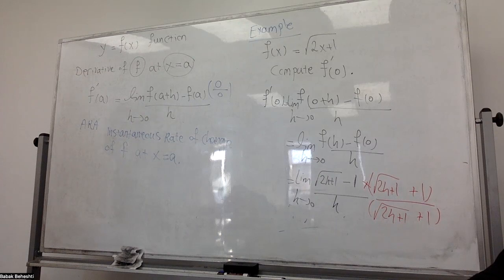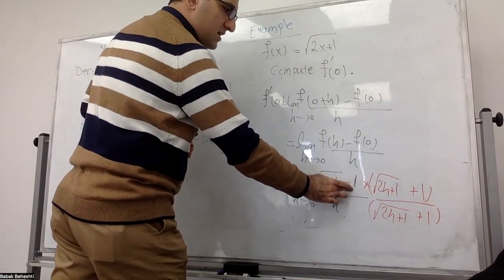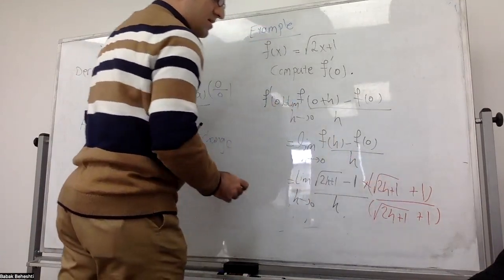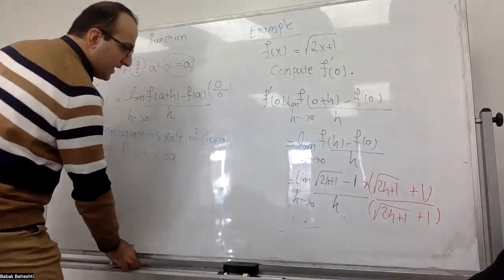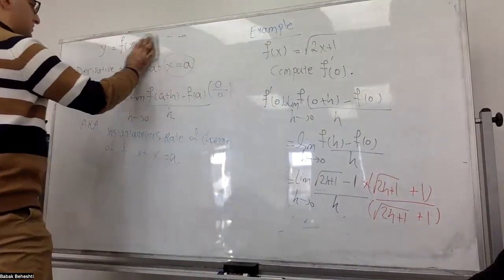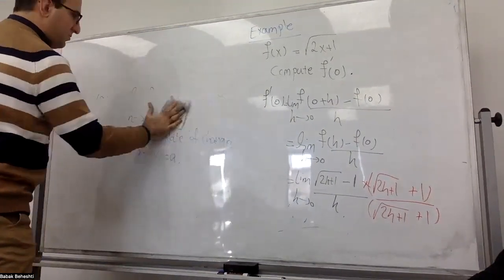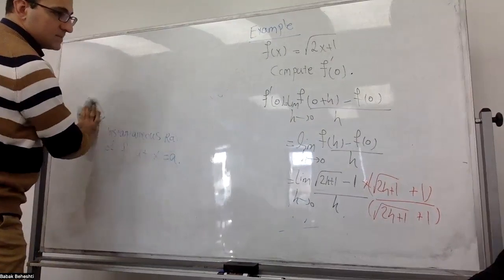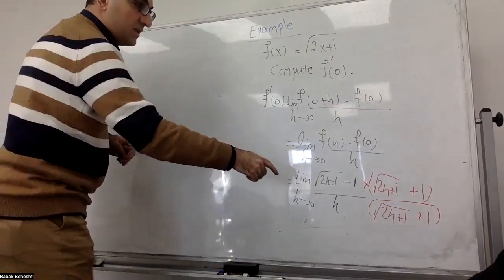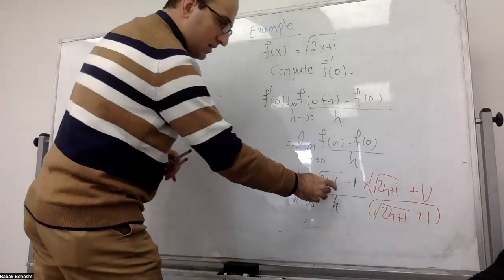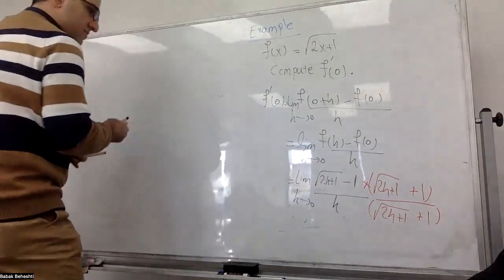Once you multiply by its conjugate, it's like a minus b times a plus b, so you have a squared minus b squared. So what you get on the top, I'm going to write it here. So the numerator would be what? Tell me. The numerator would be 2h plus 1, because root 2h plus 1 squared is just 2h plus 1.